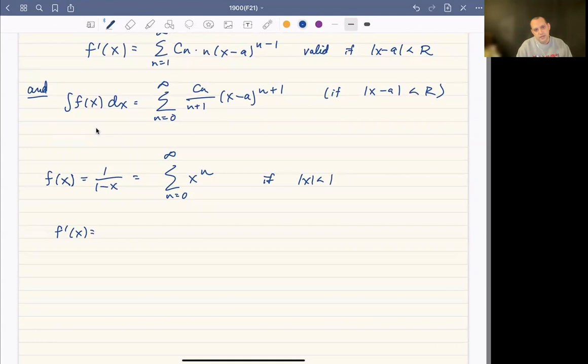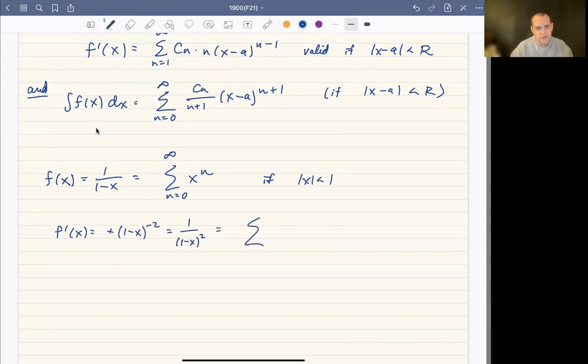It turns out that 1 over 1 minus x, if we differentiate, we're going to have 1 minus x to the negative 1. So that'll be negative 1 minus x to the negative 2 times the derivative of the inside, which is a plus. So this works out to 1 over 1 minus x, quantity squared.